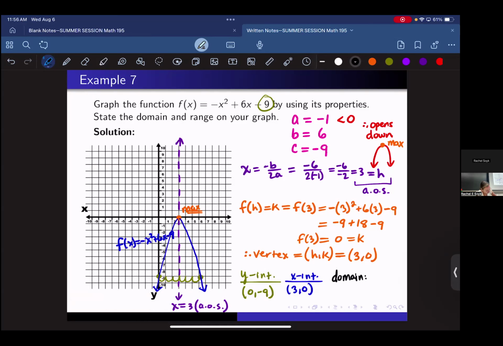So we have all real numbers, -infinity to +infinity. And then our range has that maximum value at 0, but we have no minimum. So it's negative infinity all the way up to 0, hard bracket. That's it.